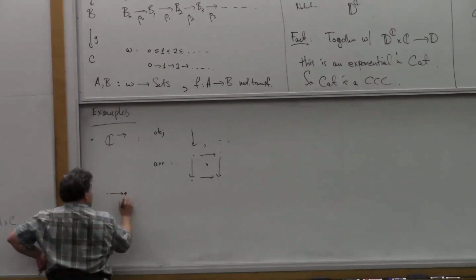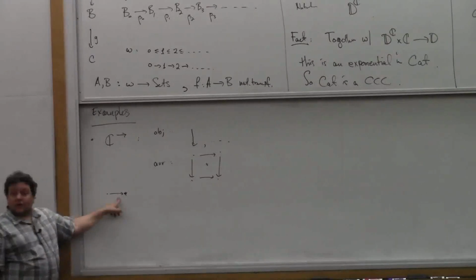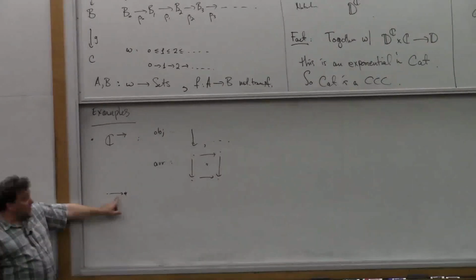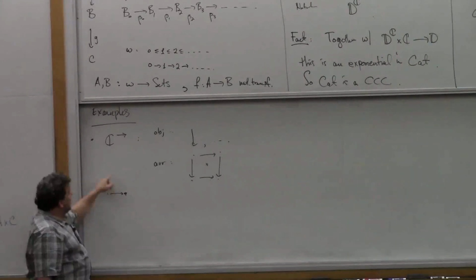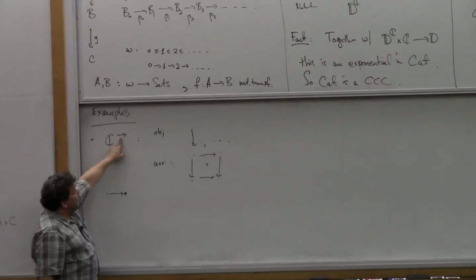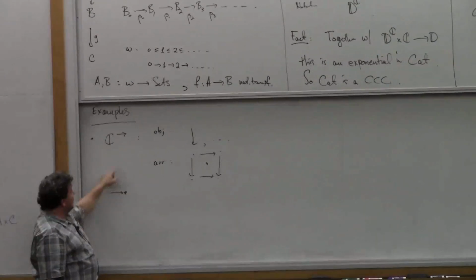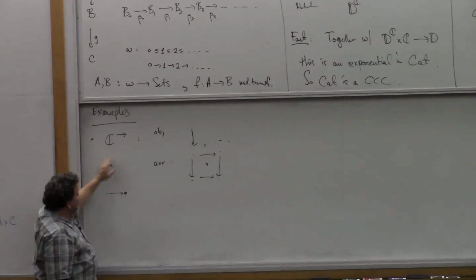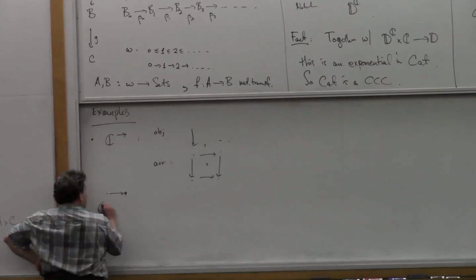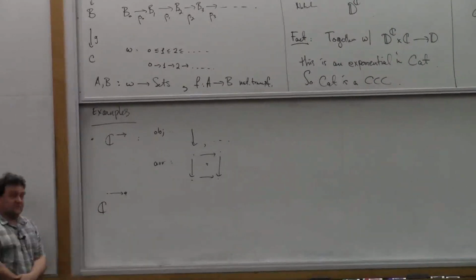Well, let's let this thing be the category that has two objects and one arrow between them. It's a simple finite category. Then we can make the actual functor category from this thing into C, right? What are the objects in the functor category? C to the thing like that.